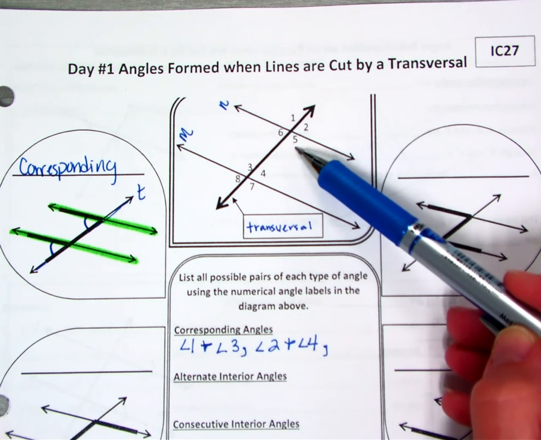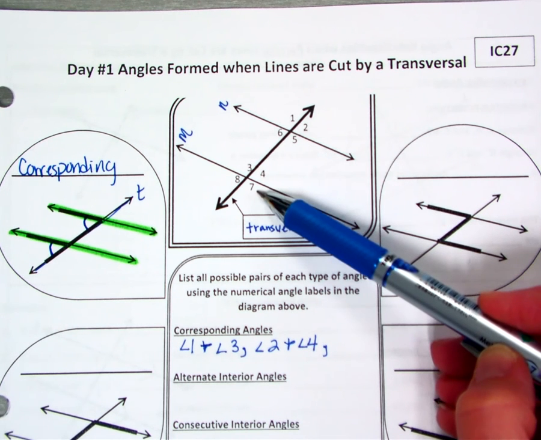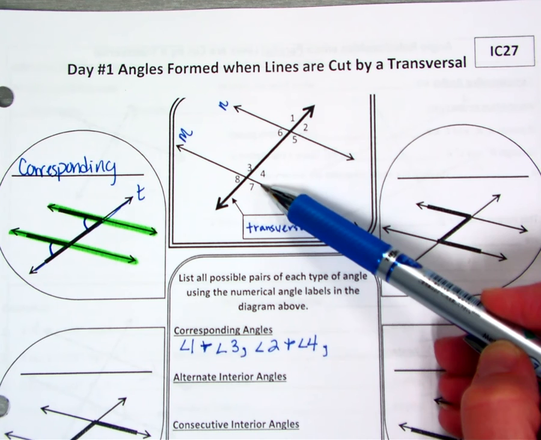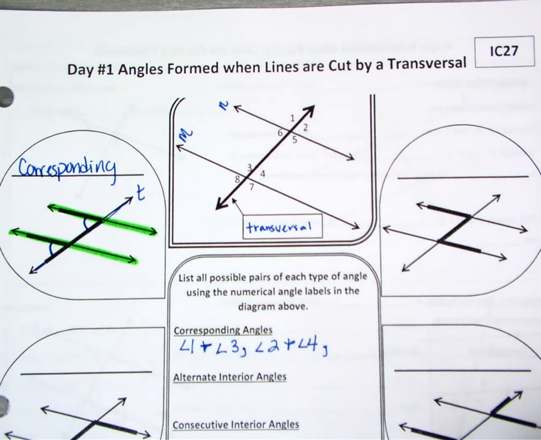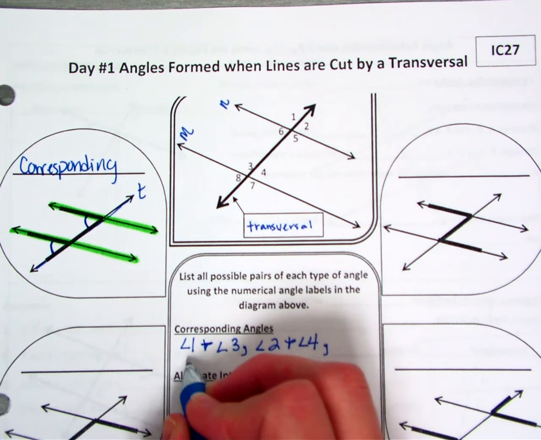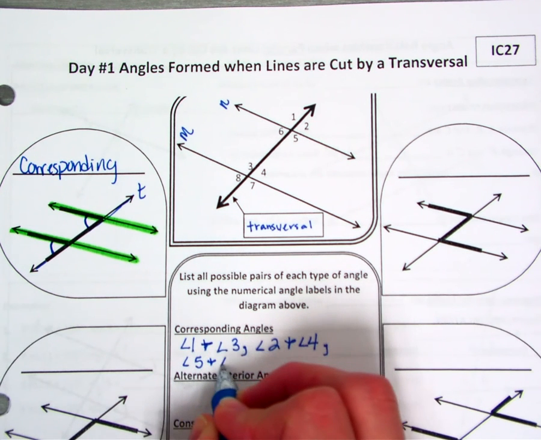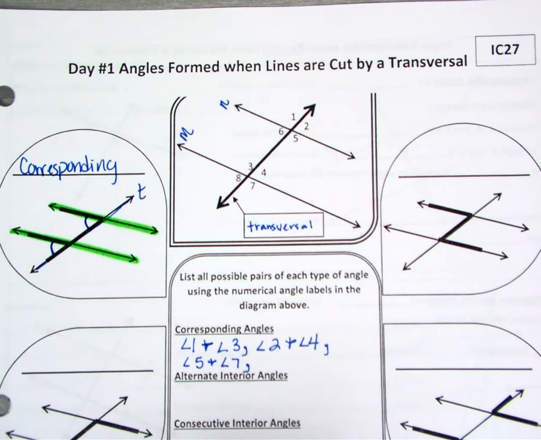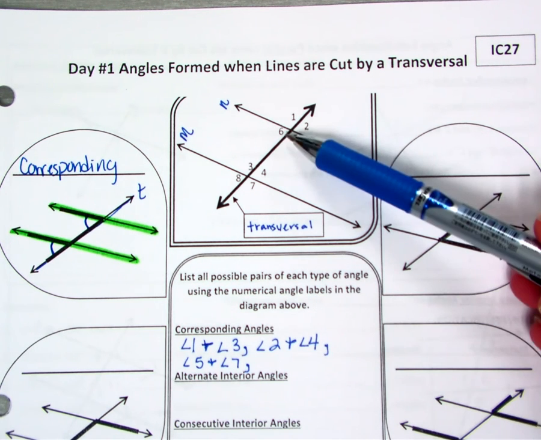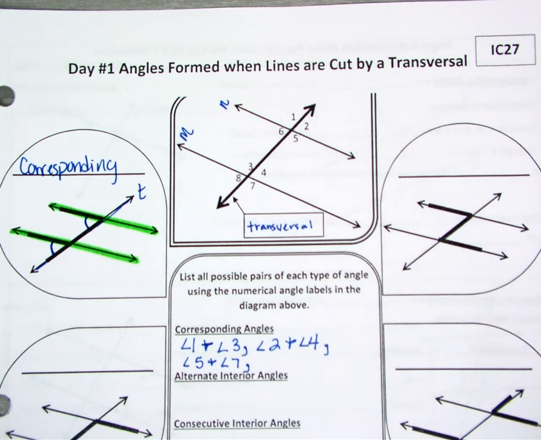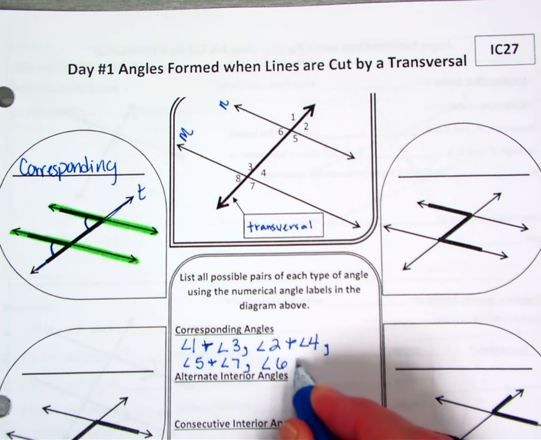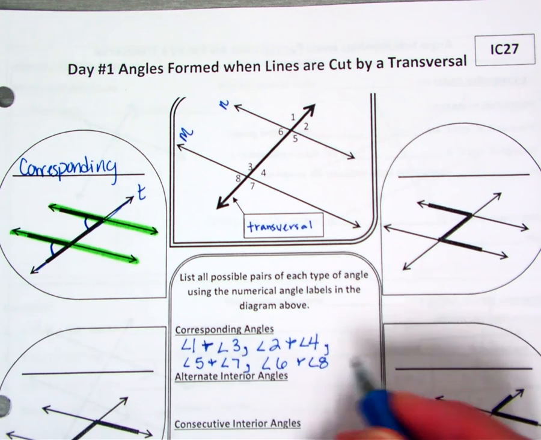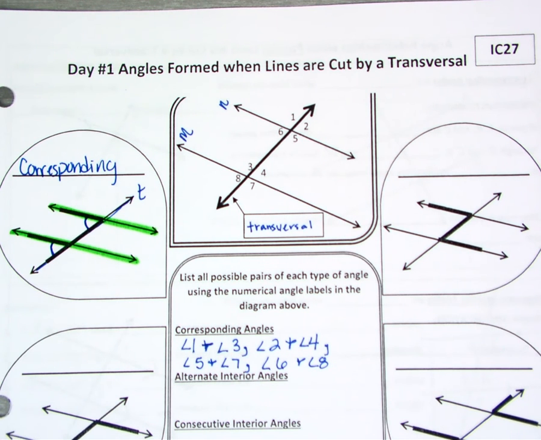Let's go down here to angle 5. Angle 5 would go with angle 7. And then angle 6 will go with angle 8. So that's our first type, corresponding angles.